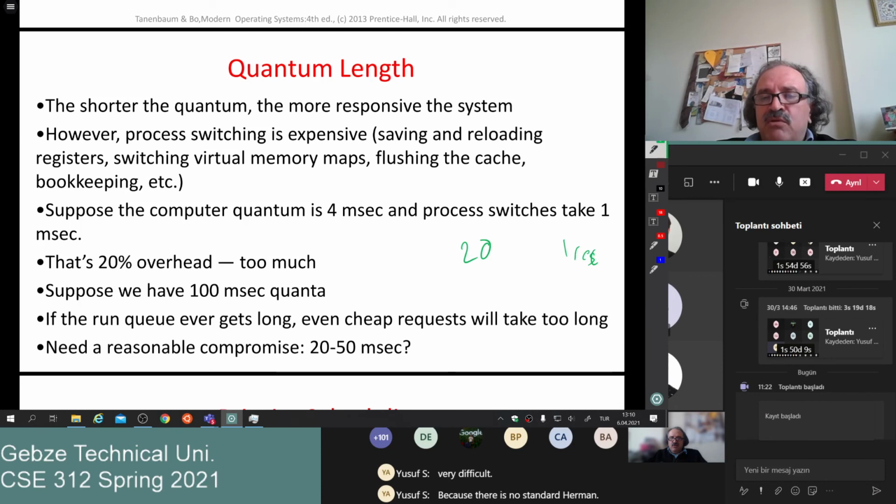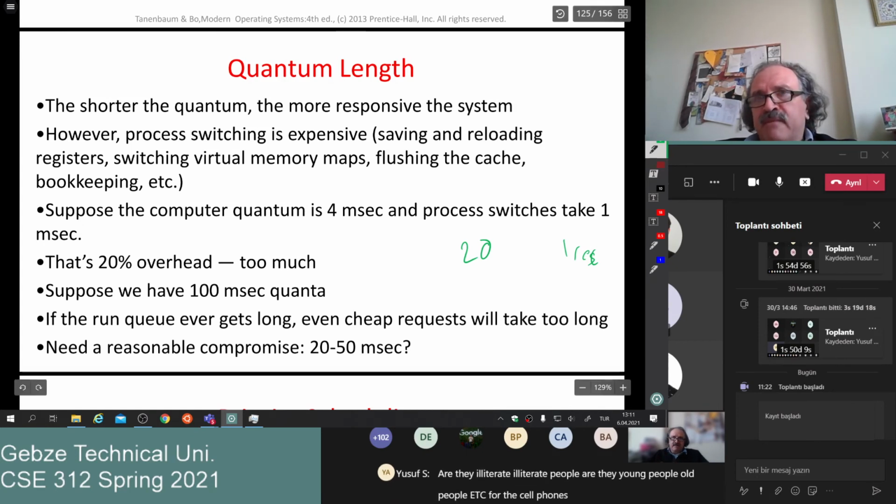You need to let them use your system and get their opinions and take the means and eliminate the outliers, etc. Do the experimentation again. What is my target user profile? Are they university students? Are they illiterate people? Are they young people, old people? For cell phones, everybody. So developing those kinds of systems is not that easy.